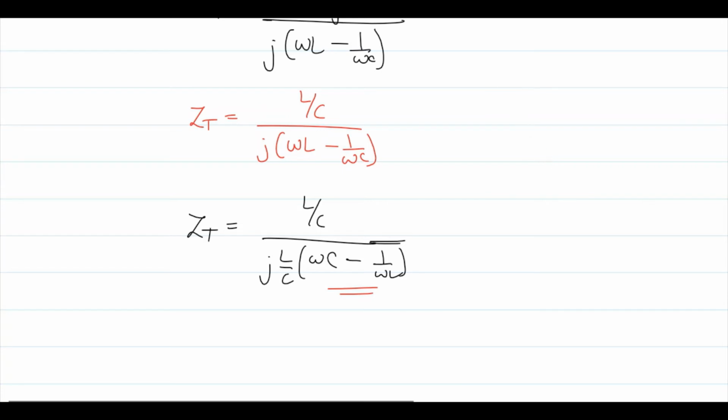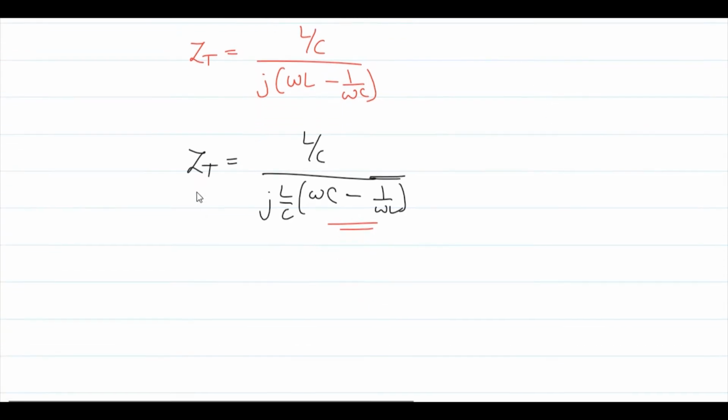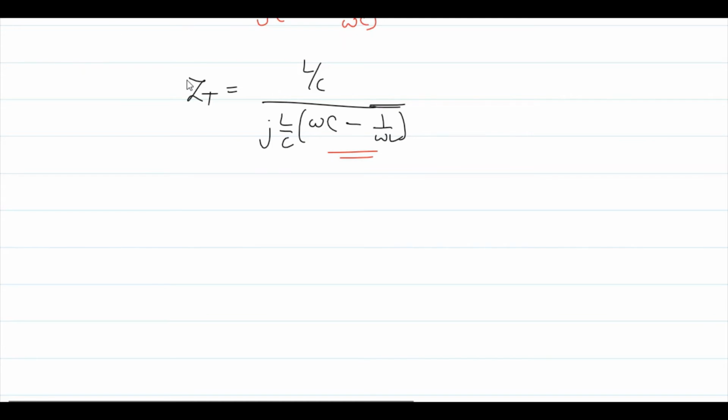Now, for the next calculation, L by C gets cancelled on both sides, numerator and denominator terms. I will be left with only ZT equal to 1 divided by (j omega C minus 1 by omega L). Right? So this is the term we have got finally.